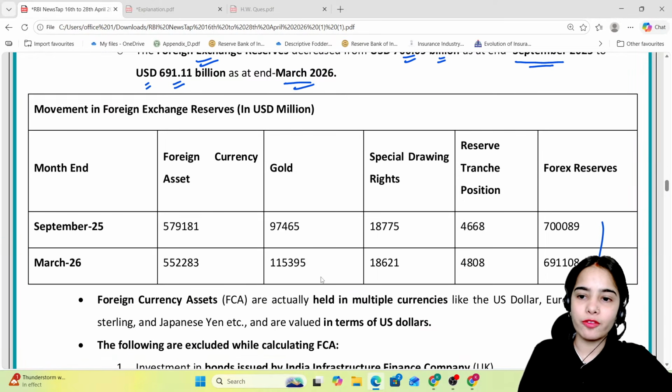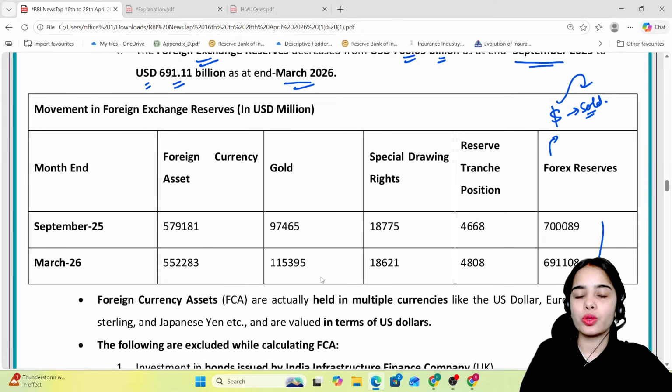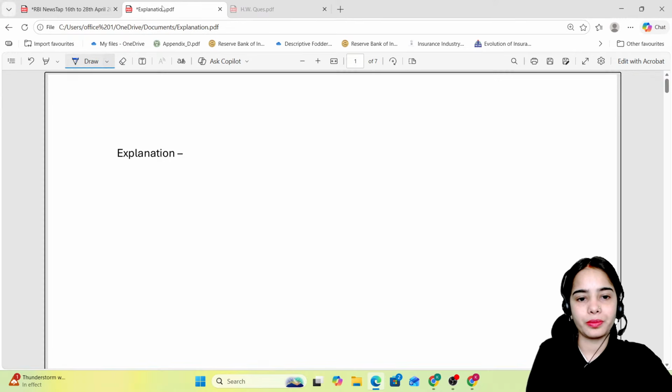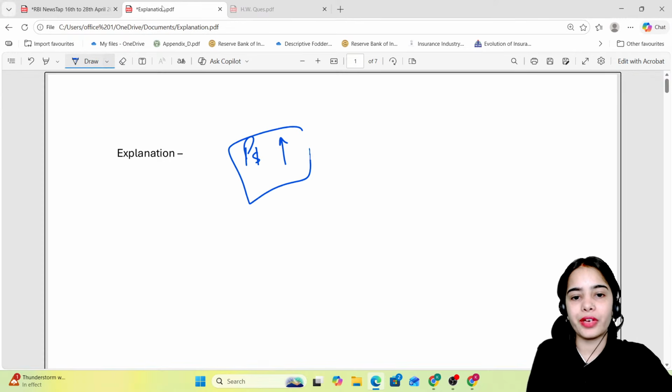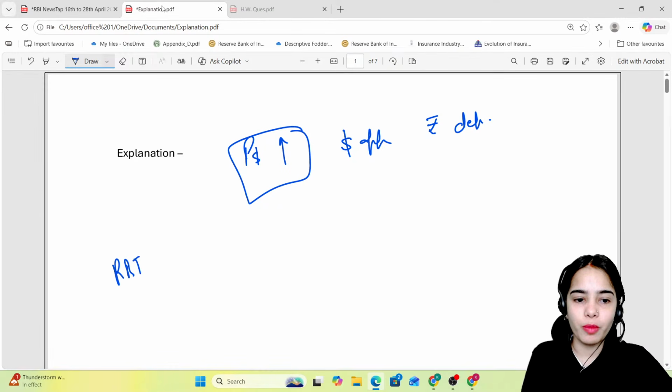You can understand that the foreign exchange reserves were also used; the dollars were sold or provided in the market, because the price of dollars was increasing very rapidly. The dollar was appreciating and the rupee was depreciating rapidly. So the Reserve Bank of India released dollars from the foreign exchange reserves.